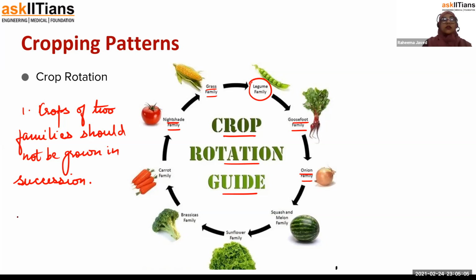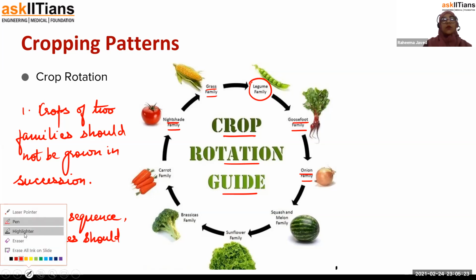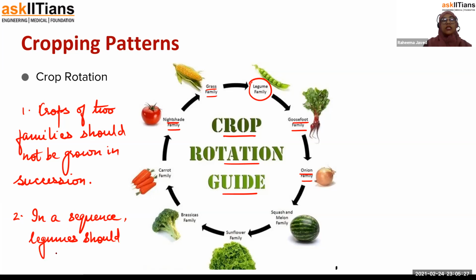Okay. Second point is that in a sequence of crops, legumes should be there. Now there is a simple reason why we are involving legumes. I think you already know.